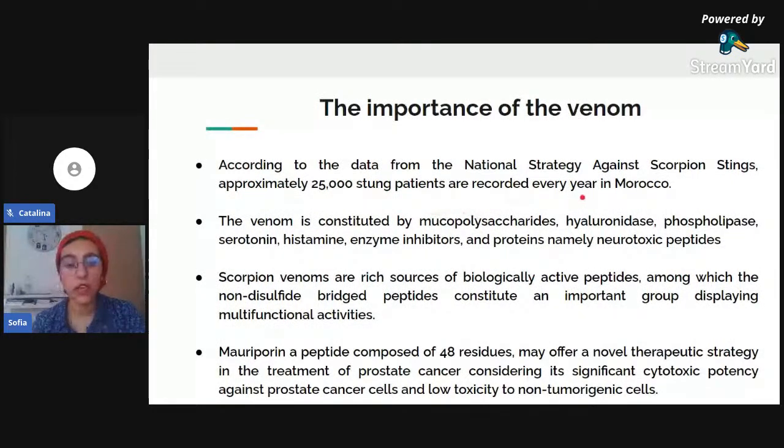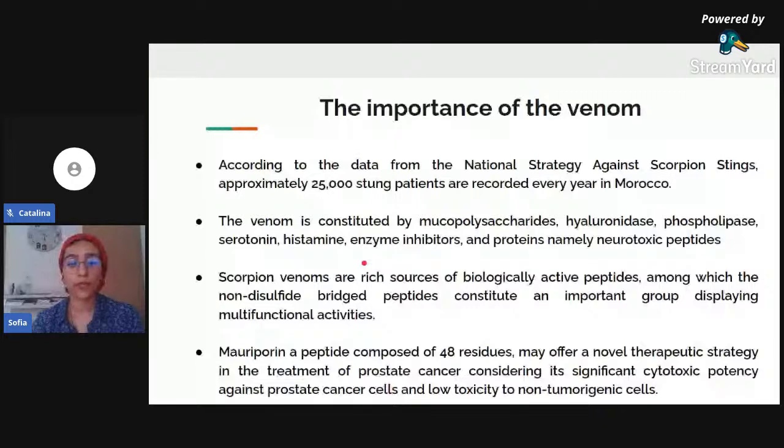The venom is also a rich source of biologically active peptides, constituted by mucopolysaccharides, hyaluronidase, phospholipase, serotonin, histamine, enzyme inhibitors, and proteins, namely neurotoxin peptides.